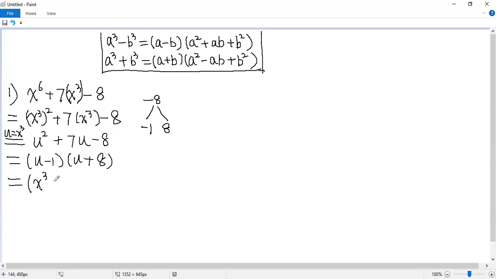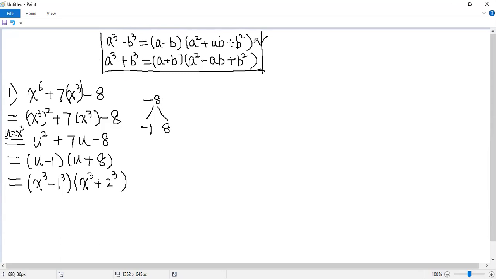x cubed minus 1. Here 1, I write it as 1 cubed, by looking at the first formula: a cubed minus b cubed equals (a minus b)(a squared plus ab plus b squared). And similarly, the second part, u equals x cubed, 8 equals 2 cubed.